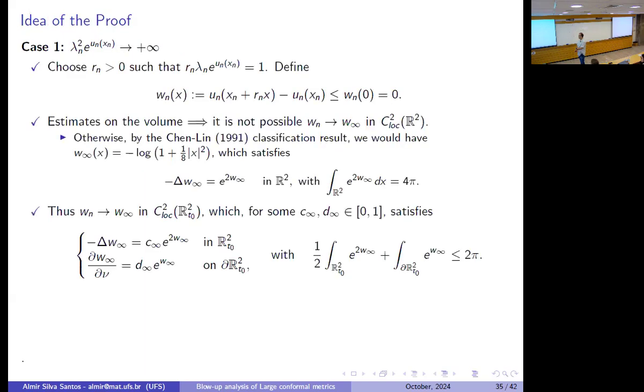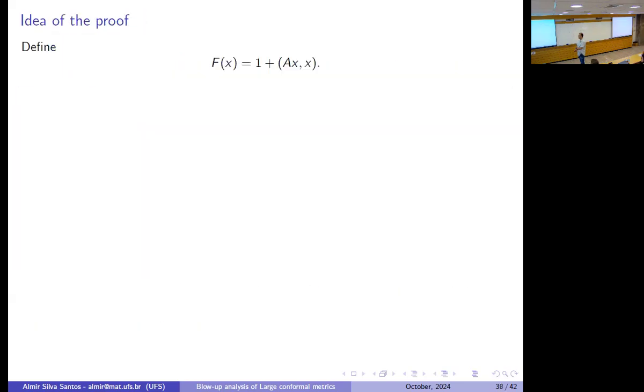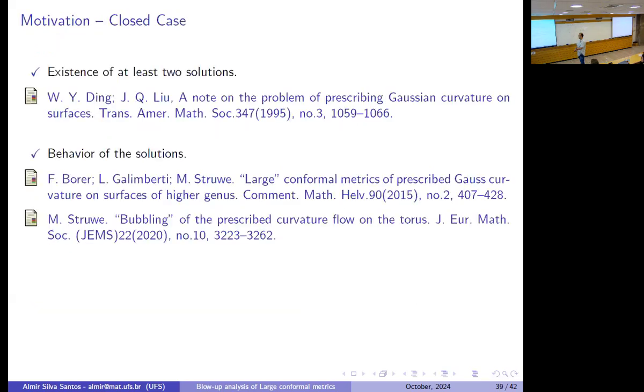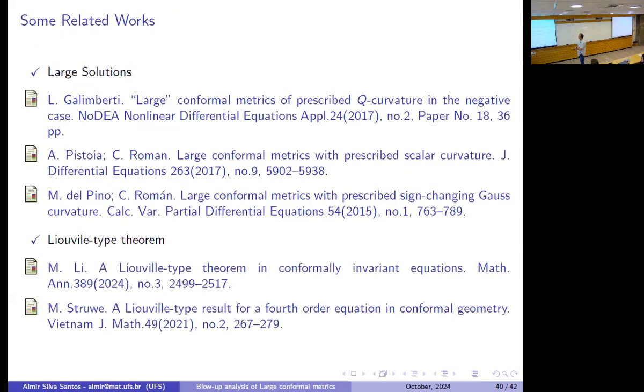Who studied this case for the Yamabe equation? It was Angela Pistoia and Roman. The second one, but remember, they could prove that the solution is stable. I think they put it as an assumption.